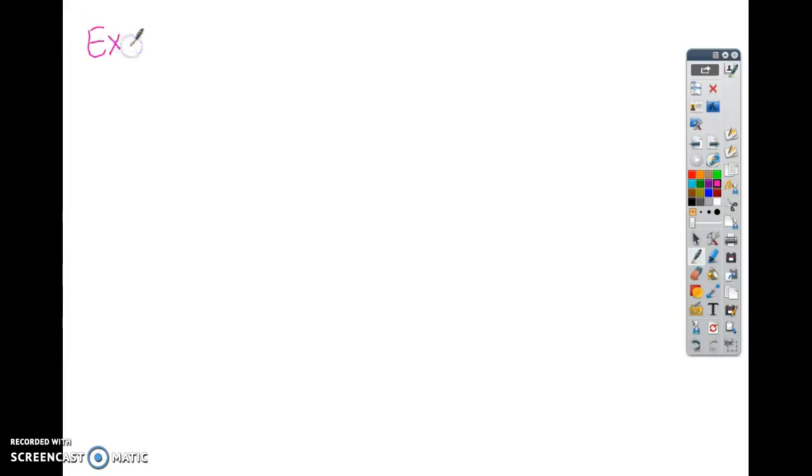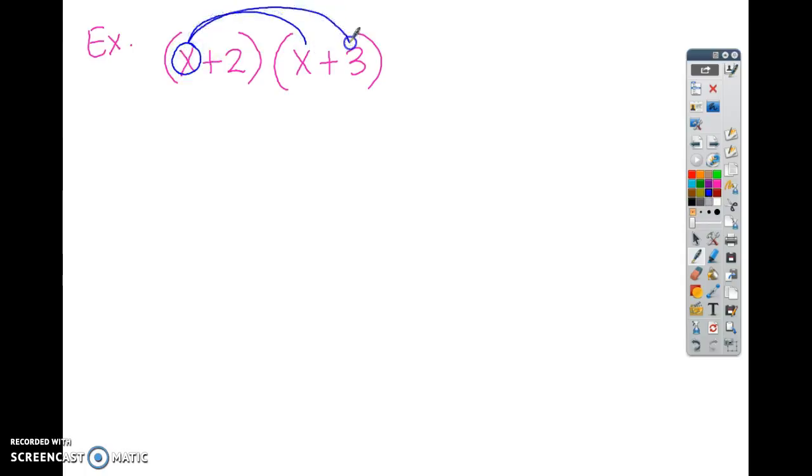Let's do a problem like x plus 2 times x plus 3. Double distribution means that you are going to distribute twice. The first thing that you're going to distribute is this x, and you're going to distribute it to this x and to the 3.